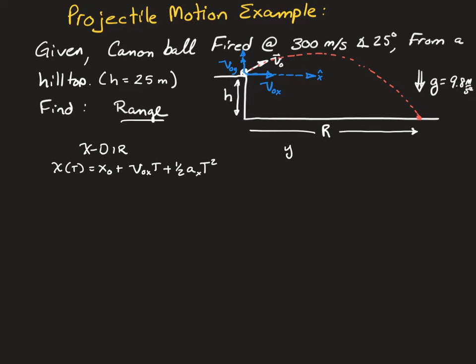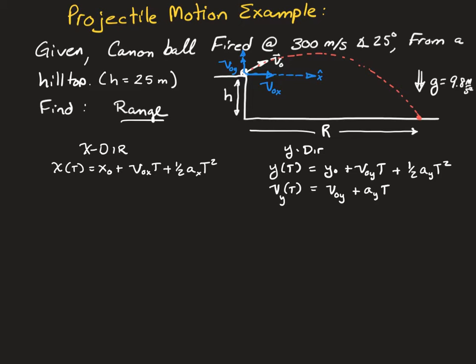And in the y direction, we'll have the same thing. y as a function of t equals initial position, velocity, and time. We also have the velocity equation.